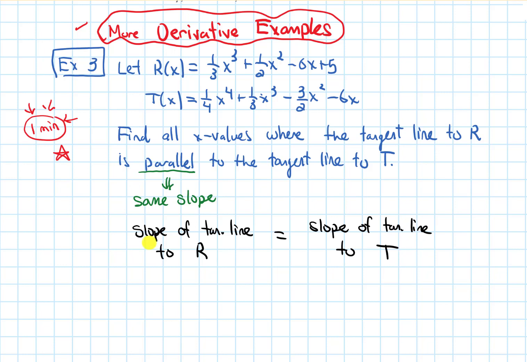And we know the derivative tells us the slope of the tangent line, so r prime of x is going to be the slope of the tangent line to r. That needs to be equal to t prime of x. That'll be the slope of the tangent line to t.